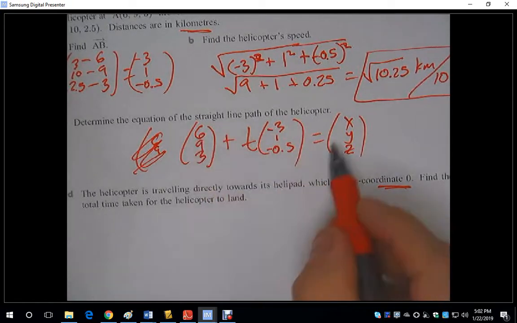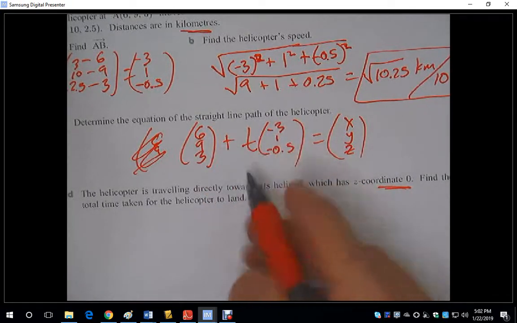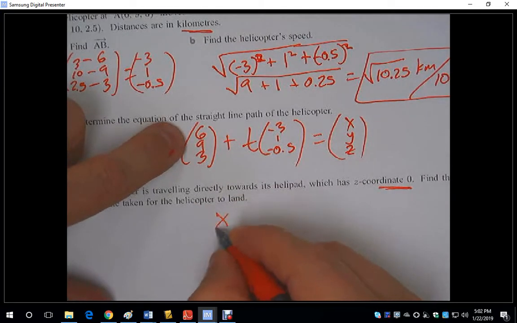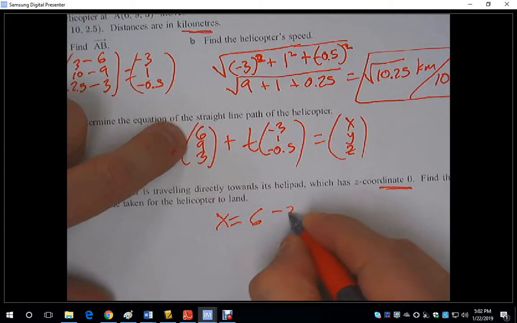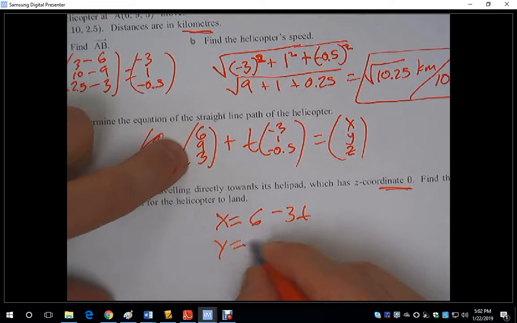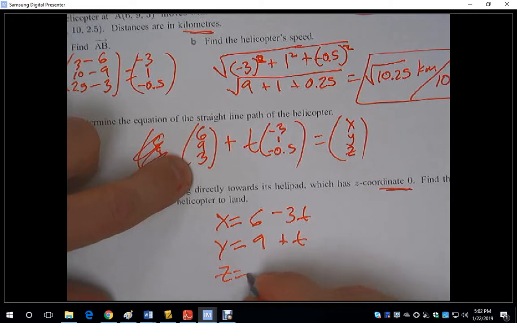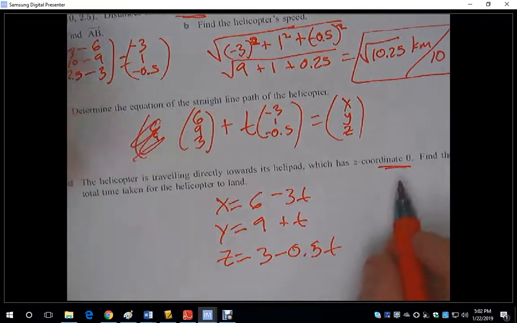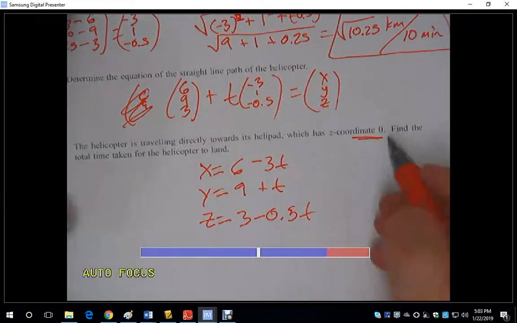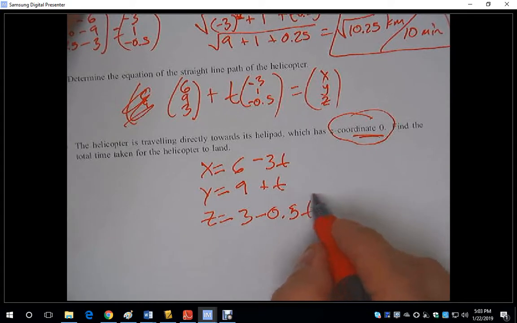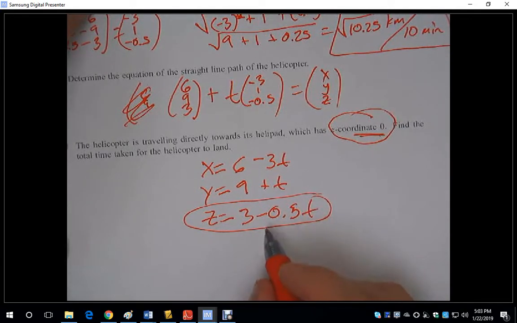So we have this vector equation here, and we have, in fact, 3 parametric equations. We have x equals 6 minus 3t. We have y equals 9 plus t. And we have z equals 3 minus 0.5t. Now, because we're given that the z coordinate is 0, the only thing that really matters is this parametric equation here.